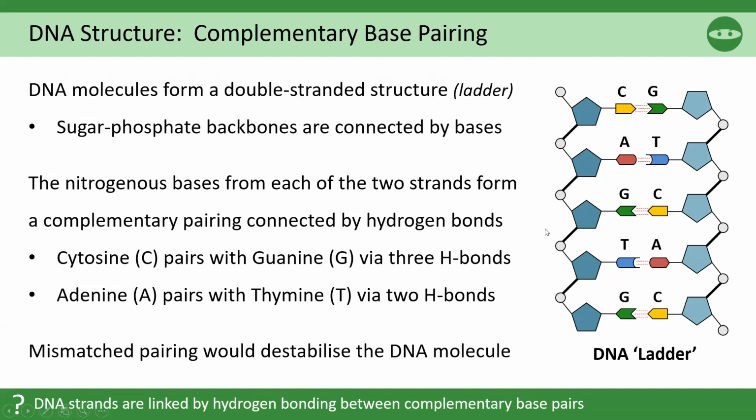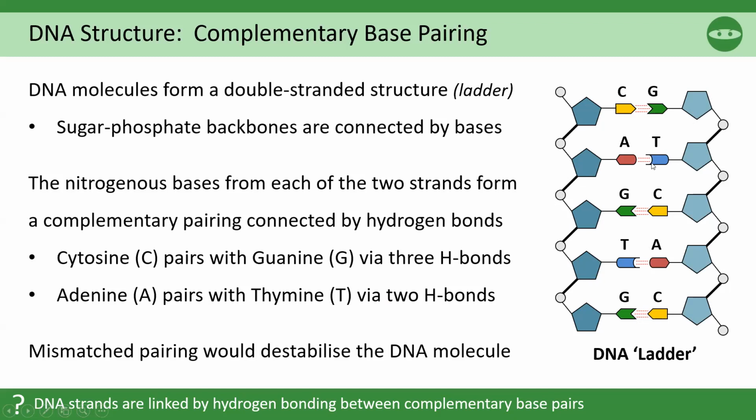The DNA molecule forms a double helix structure, a ladder with a sugar-phosphate backbone connected by bases. The backbone here, from phosphate and sugar, forms the two main sticks of the ladder. And the steps of the ladder represent the nitrogenous bases, perpendicular to the main sticks.